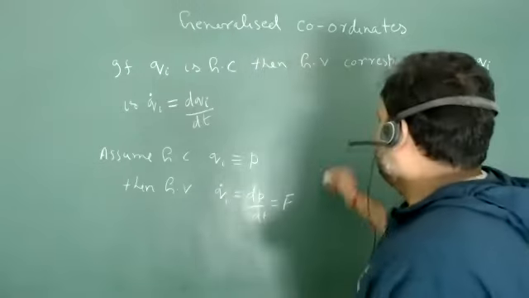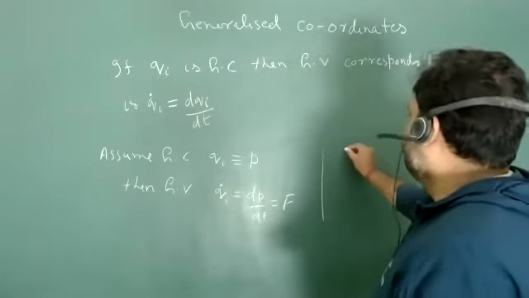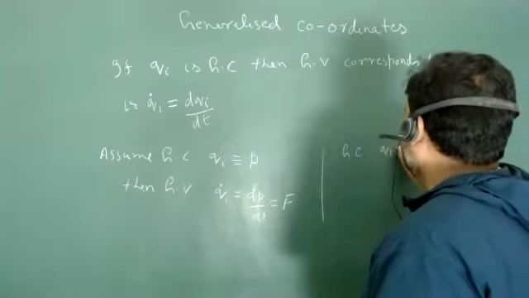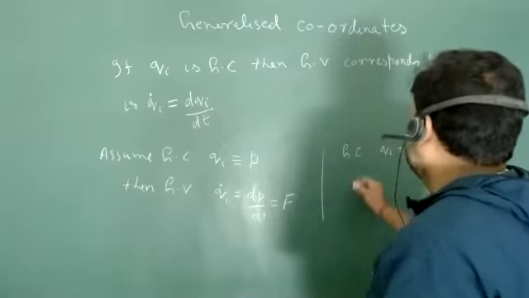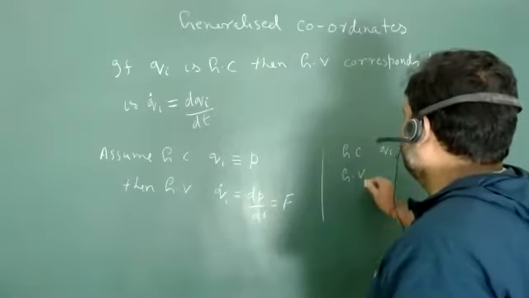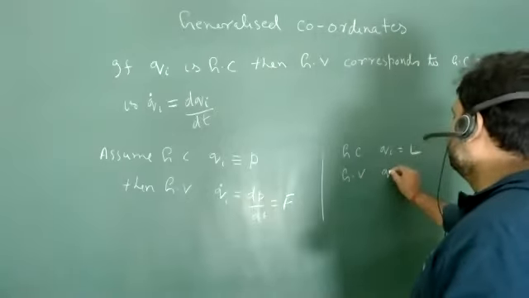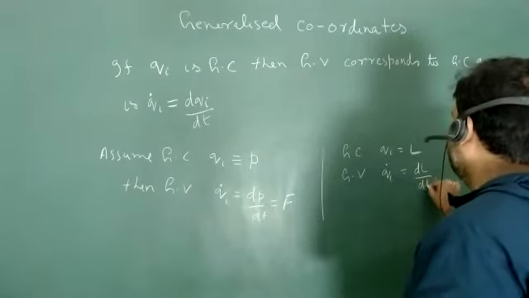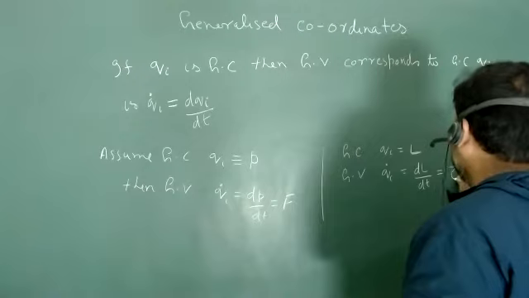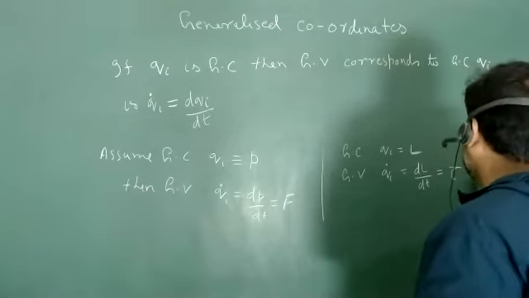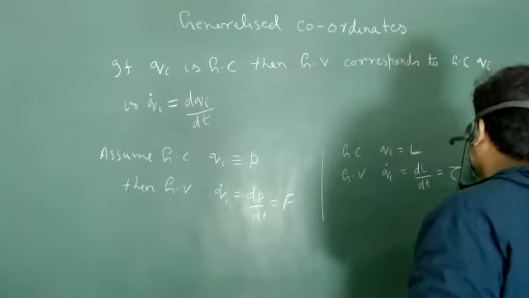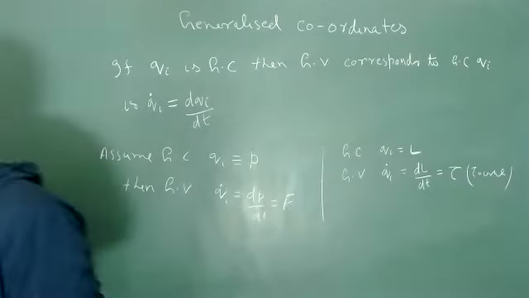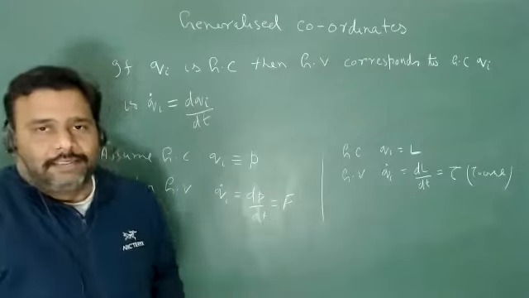Similarly, if my generalized coordinate is, let's say, angular momentum, then my generalized velocity qi dot is nothing but dL upon dt, and this is identified as torque, isn't it? So your torque can be your generalized velocity. And it's a very surprising thing, isn't it?